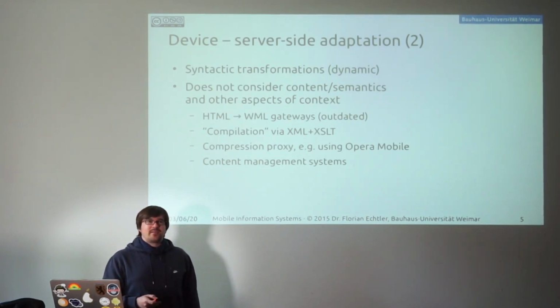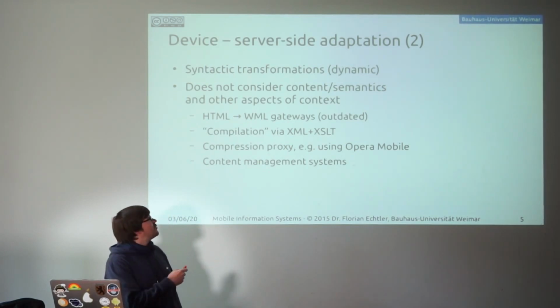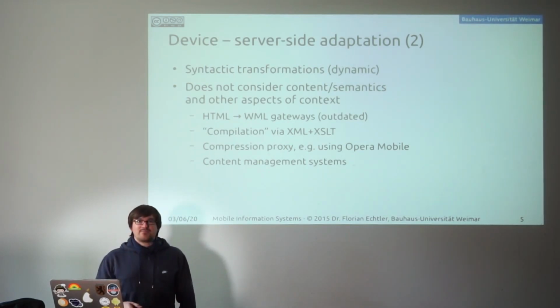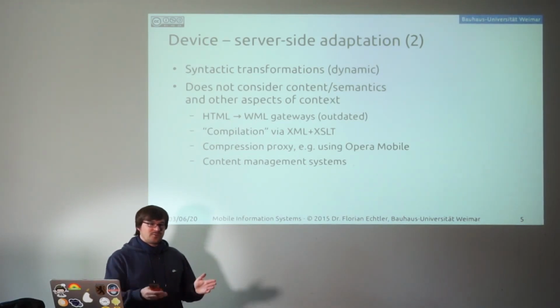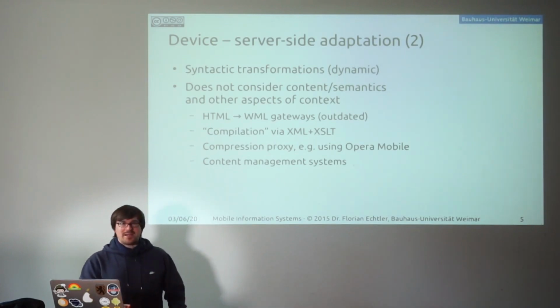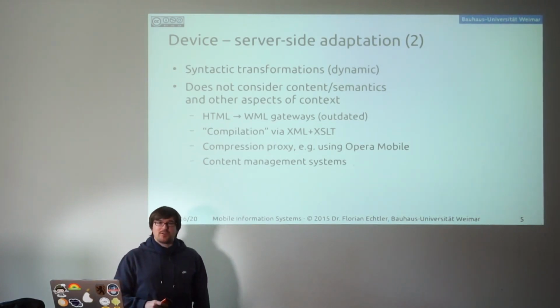So in the very early days of mobile internet usage, we had these so-called WML gateways, wireless markup language, which was kind of a very, very restricted subset of HTML. And you had actually dedicated servers that could transfer HTML into WML, and then that could be viewed on your mobile device.